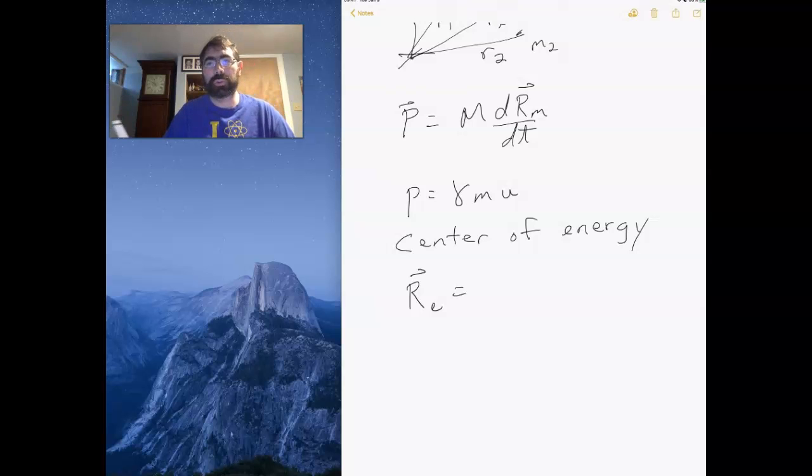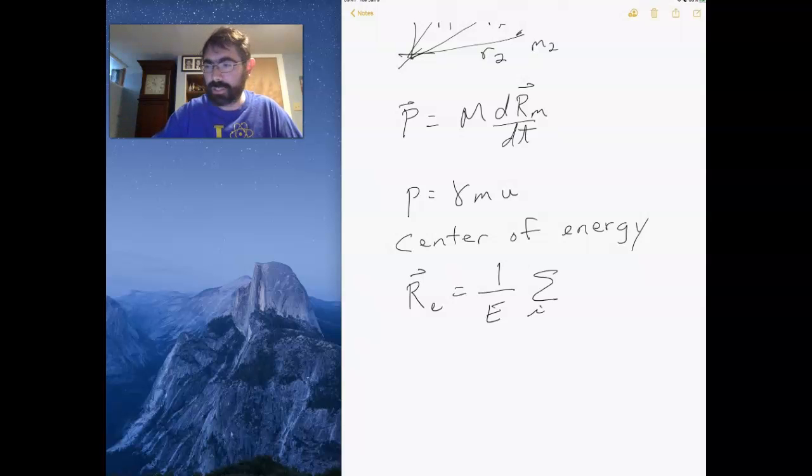Energy incorporates both momentum and mass, so kinetic energy and rest mass. So I could write this as 1 over the energy of particle 1 times its position, and then the total mass is the energy divided by c squared.